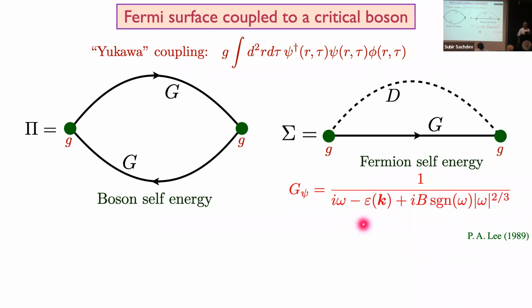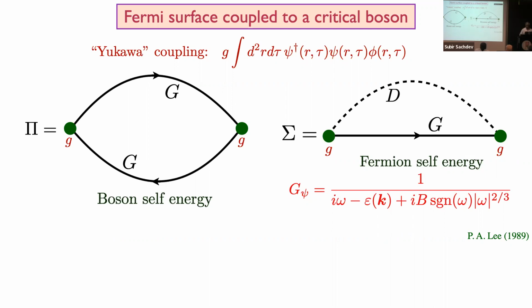The Fermi surface is still the point where E of k changes sign. That's still very sharp, but the excitations near the Fermi surface are very broad in energy. So there's no long-lived quasi-particle excitations. All right, so we've got an example of a system without quasi-particle excitations, which is metallic.